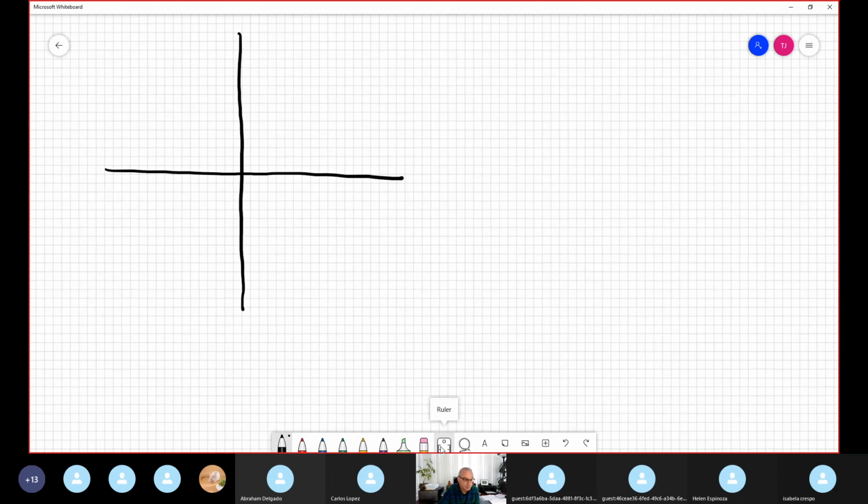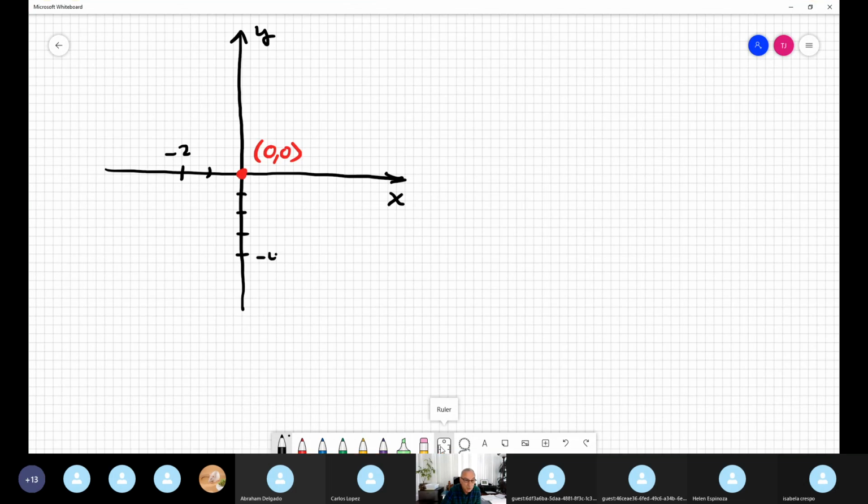But that graph is given. You have a point here, 0,0. It's obvious that this is the x-axis and this is the y-axis. We have here -1, -2. Okay, and we have here -1, 2, 3, and 4. This is -4.